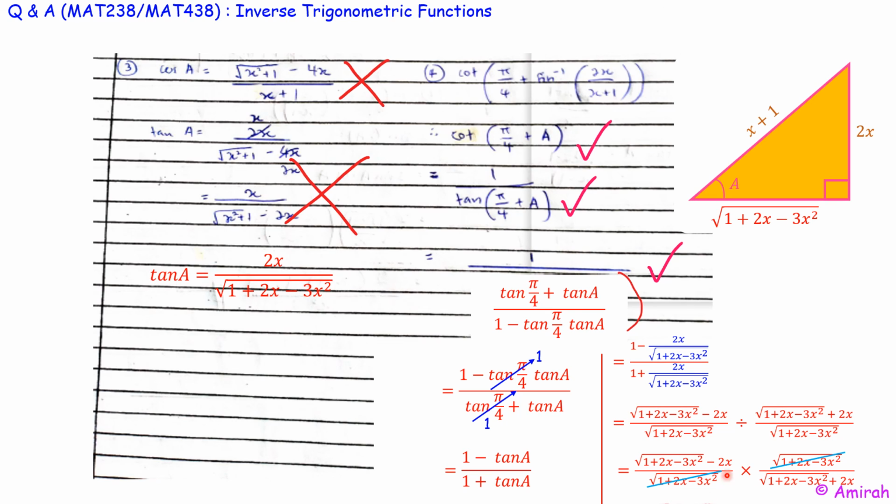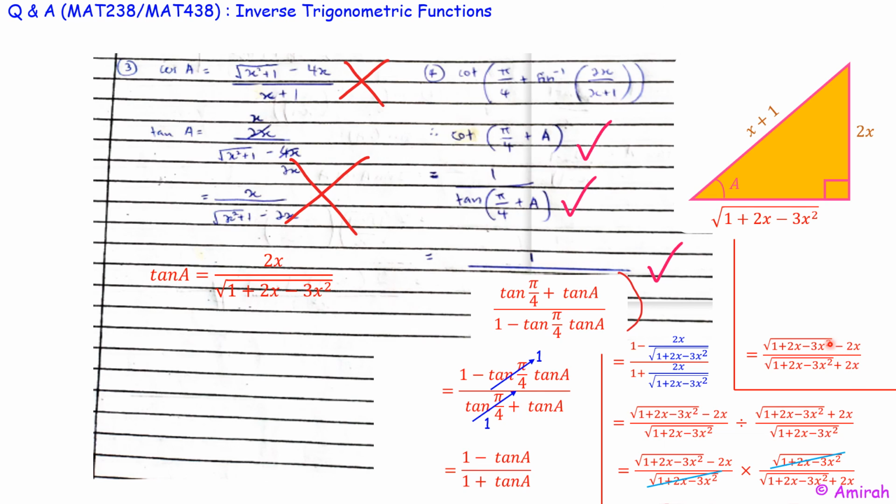But we cannot simplify this because in between here is minus and in between here is plus. Okay. So after we simplify this, so the final answer equals to square root of 1 plus 2x minus 3x squared minus 2x over square root of 1 plus 2x minus 3x squared and then plus 2x.